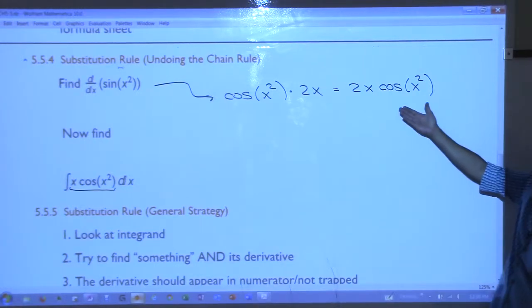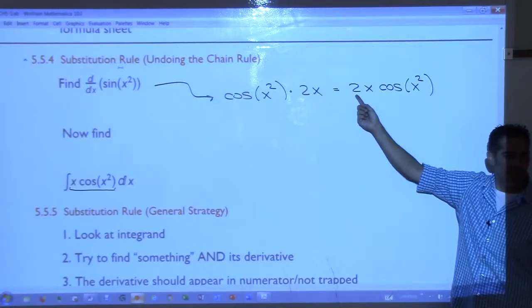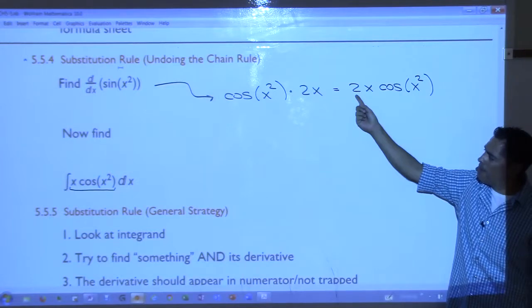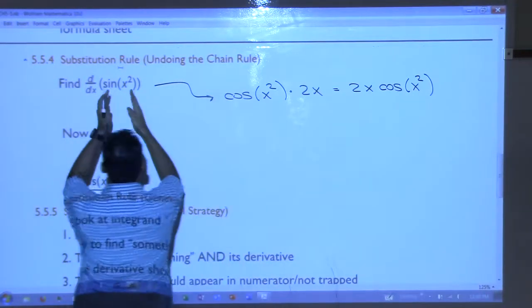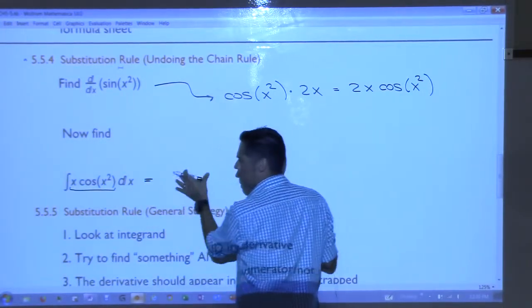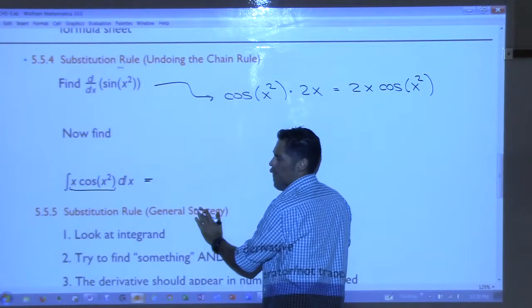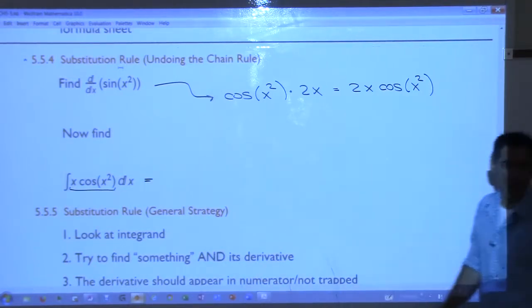Well, isn't that almost 2x cosine of x squared? The only difference is I have a 2 here, right? So what do I take the derivative of to get this? That's what this is saying.